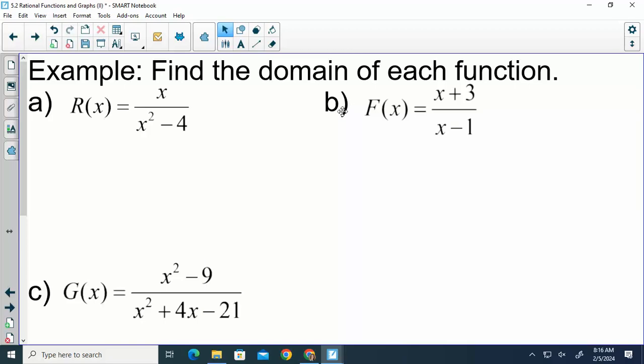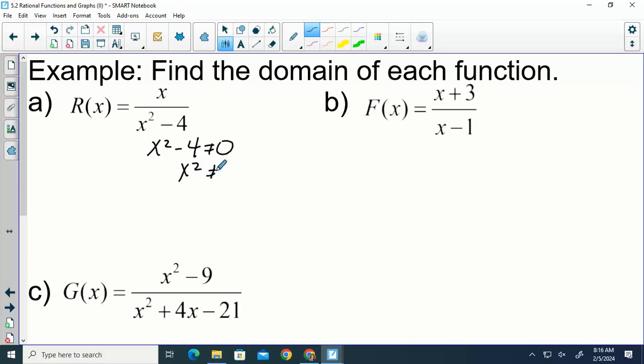Where do we look to find the domain? The denominator. Yeah. And so it's kind of the same as finding vertical asymptotes, except with the vertical asymptote, you are telling me x equals these. With the domain, you're telling me x can't be these.